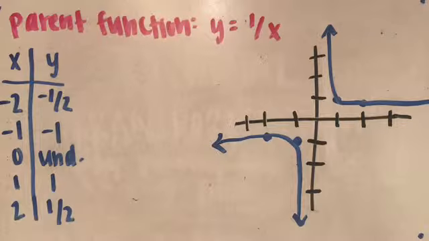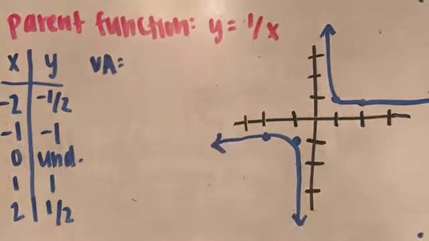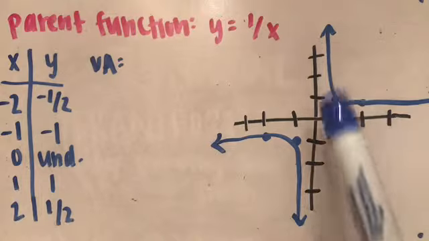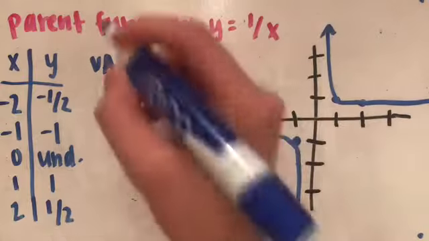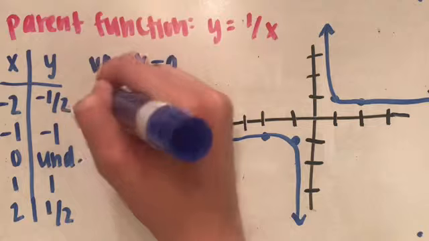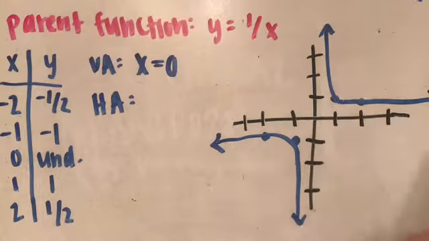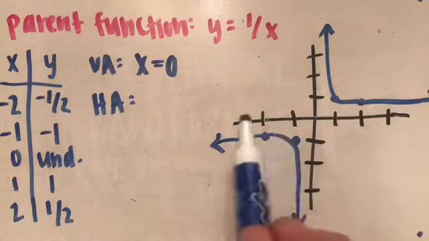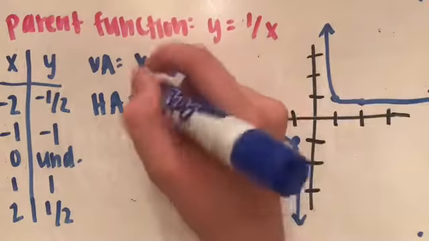In the parent function, our vertical asymptote is x equals 0, because the function will never touch x equals 0. Our horizontal asymptote is y equals 0, because the same thing, the function will get closer and closer, but will never touch y equals 0.